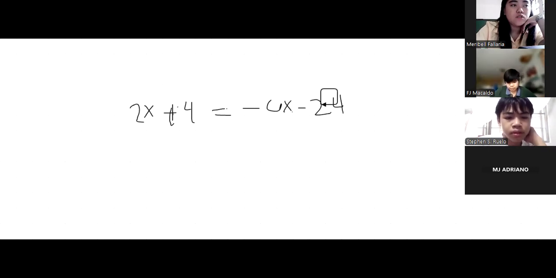So we're going to move the number with the x variable here, 2x.